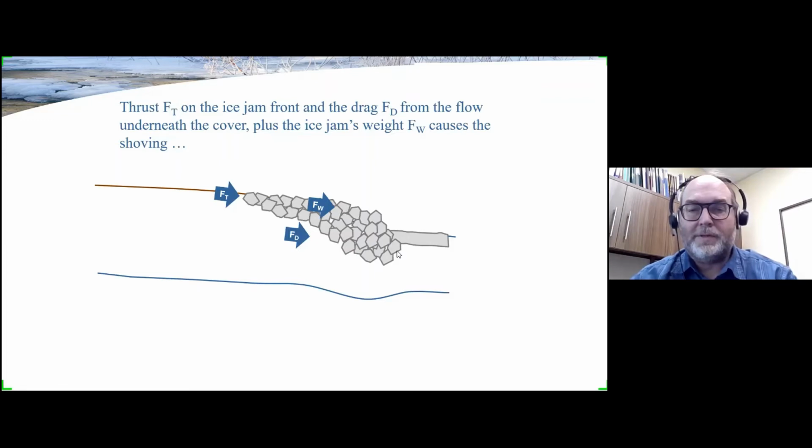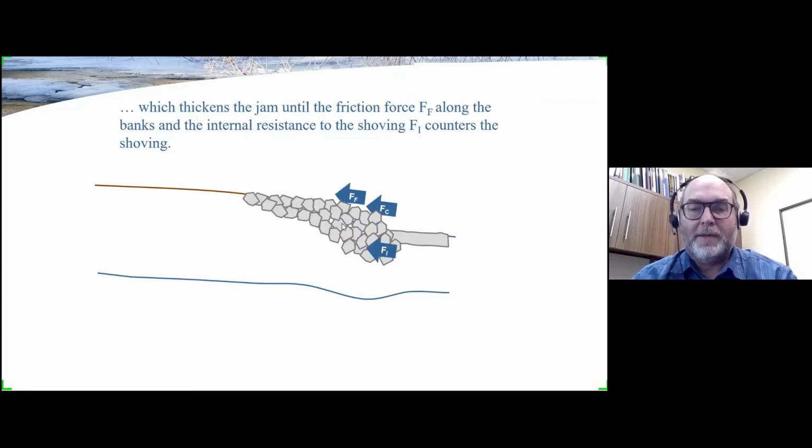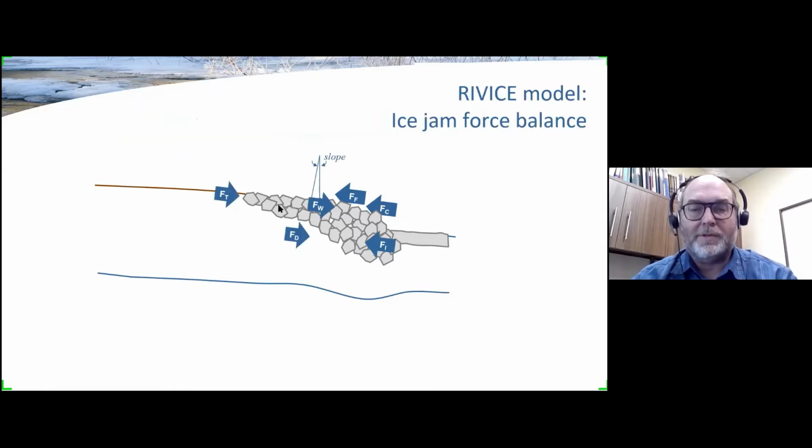And also in the sloping direction, you also have a weight component here. And that will be offset by forces of friction of the ice cover along the bank. And if there's some freezing, there'll be some cohesive forces. And then also due to the thickening of the jam as well, some internal resistance to those forces.